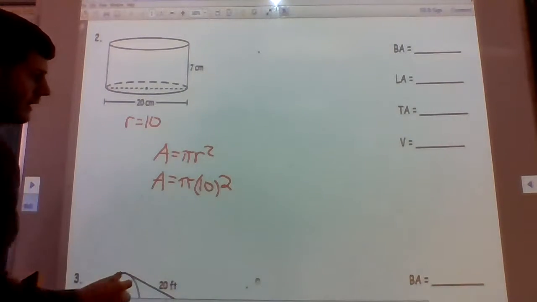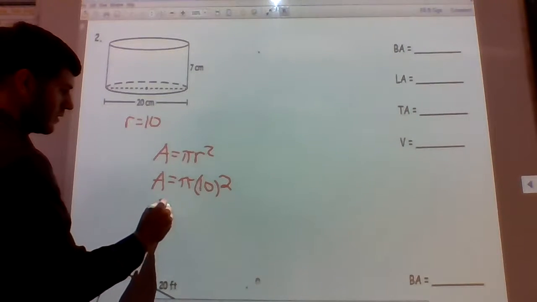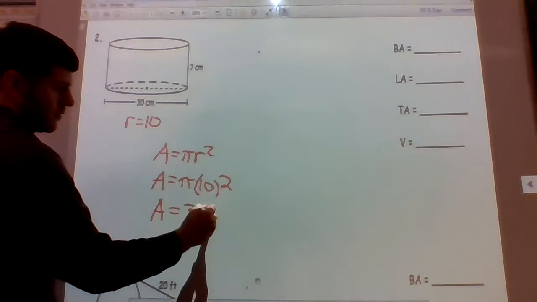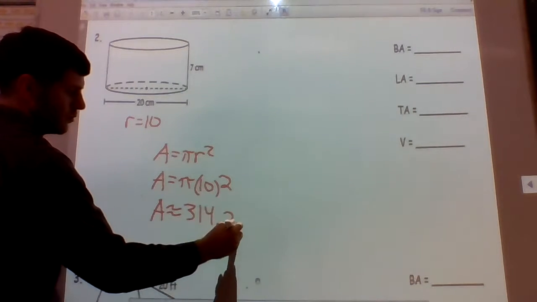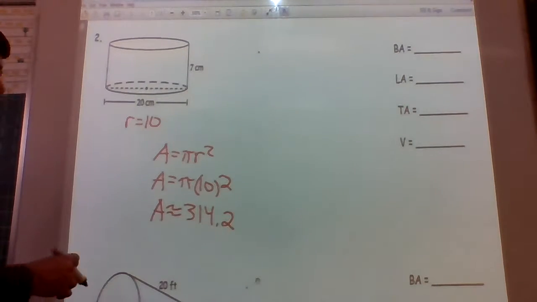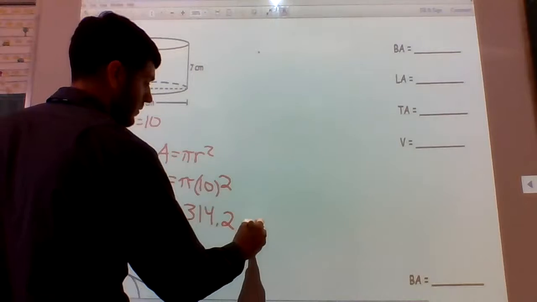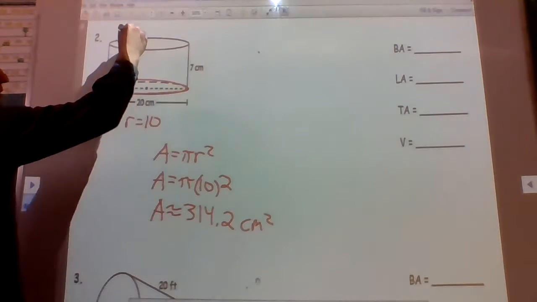That's 100 pi, which is approximately 314.15, so say 314.2 centimeters squared.